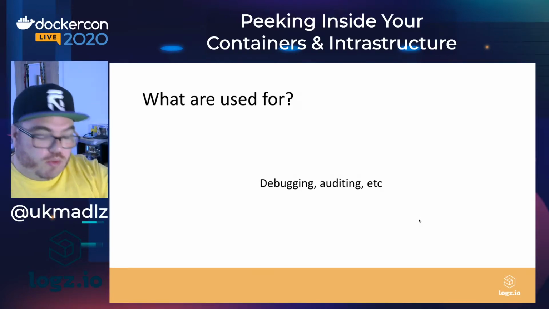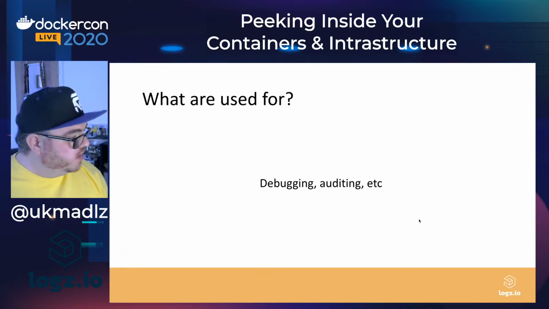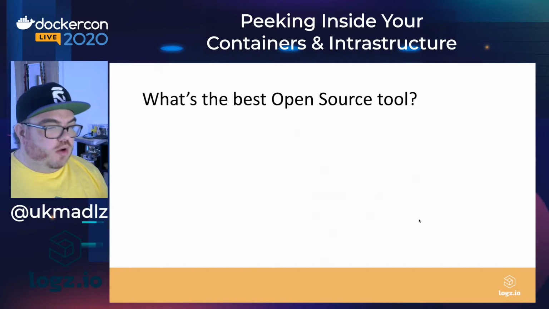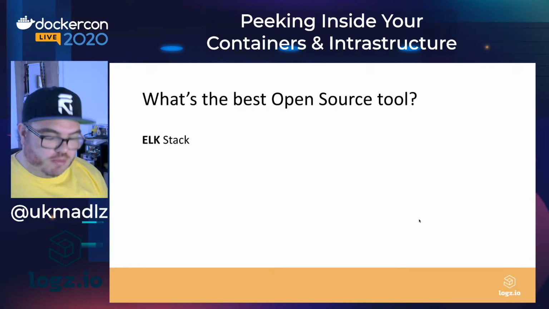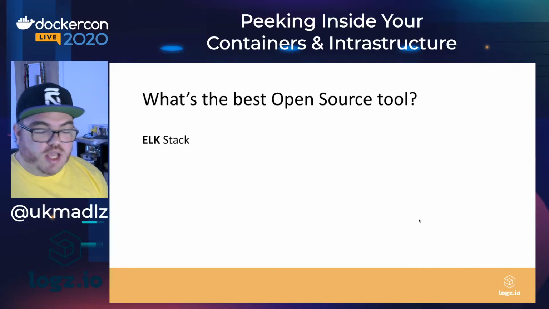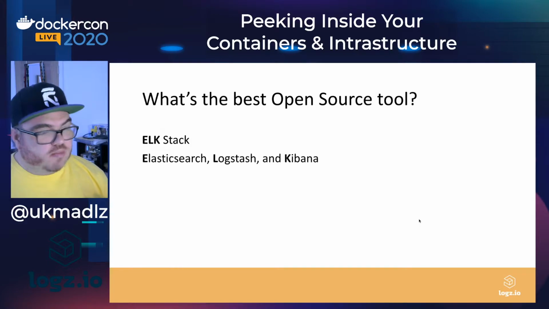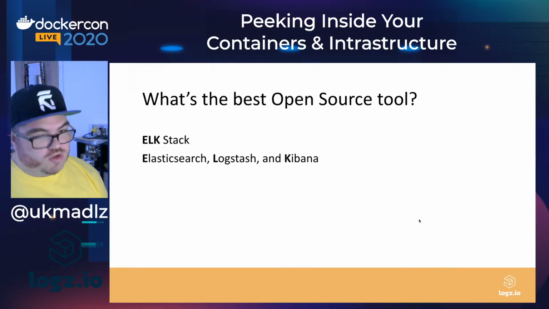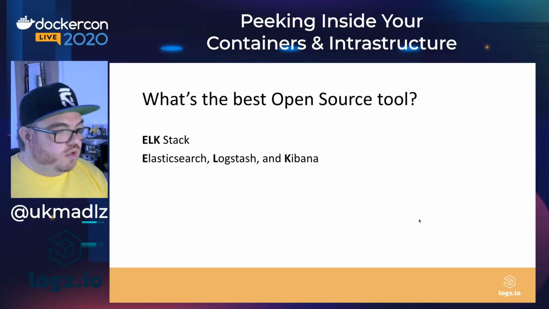Now, this is important when you have systems at scale, that you have all these aggregated into one place. Now, what are the best open source tools for this? Well, in my humble opinion, the ELK stack. The ELK stack, if you haven't heard of it, is made of Elasticsearch, Logstash, and Kibana. Elasticsearch is the storage engine where you feed the logs into.